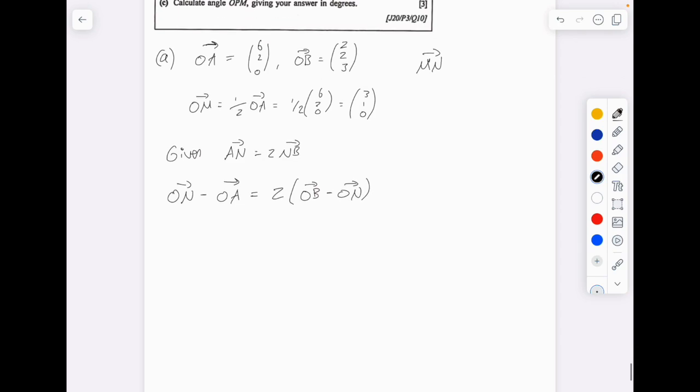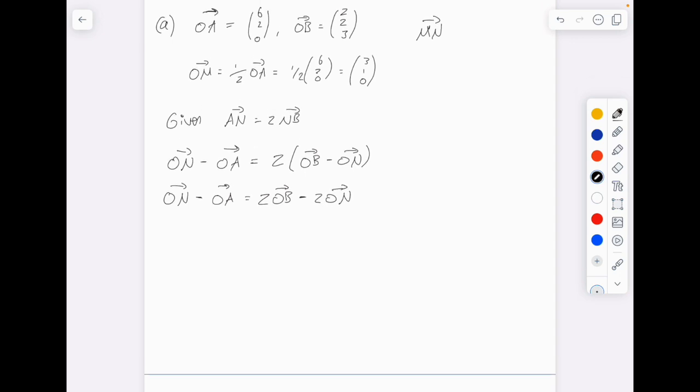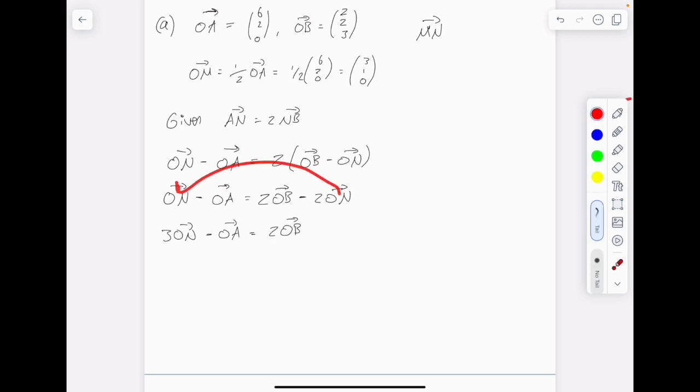Okay, cool. So I can say that ON minus OA is equal to 2 OB minus 2 ON. Alright. So I can say that 3 ON minus OA is equal to 2 OB. Okay, so you plus this over.